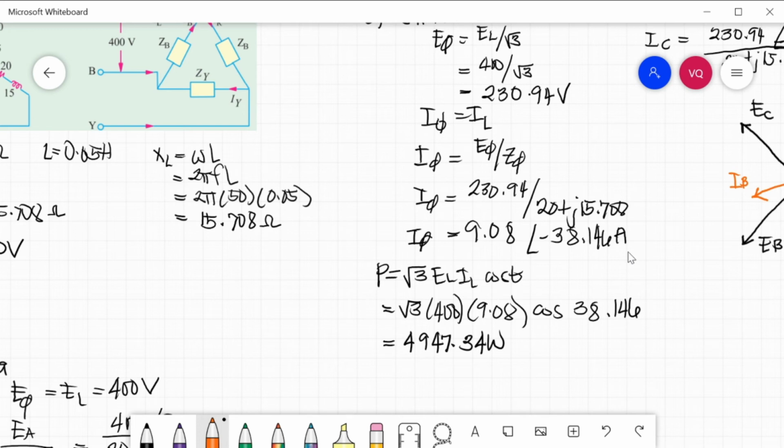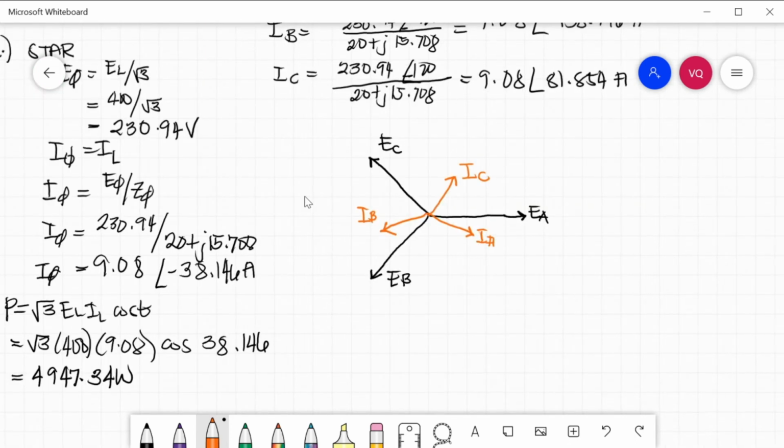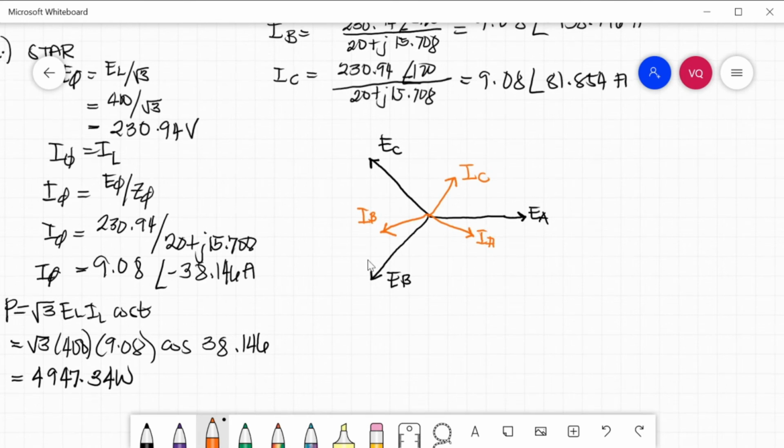Power will be equal to square root of 3 ELIL cosine theta, so square root of 3 times 400 times 9.08 cosine of 38.146. The total power in Y connection is 4,947.34 watts.